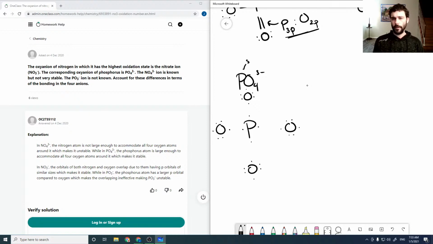So we've got 5 valence, 6 times 4 equals 24. So that's 24 plus 5 is 29, and then it needs a 3 negative charge, so that's 32 total. I'm going to go ahead and give these guys their doubles. And I am missing one from phosphorus, so I'm going to give it to this guy here as well.